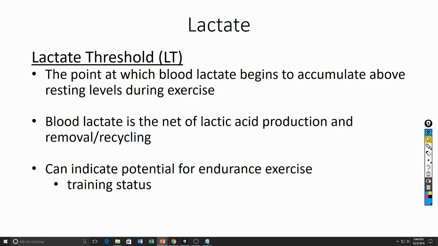Okay. From the observation of it, you would just take testing of a blood sample, usually like a finger prick, and you can measure lactate levels within that. And once it accumulates above a resting level, it can be said that you've reached lactate threshold. And it's often used as an indication of training status within endurance sports.